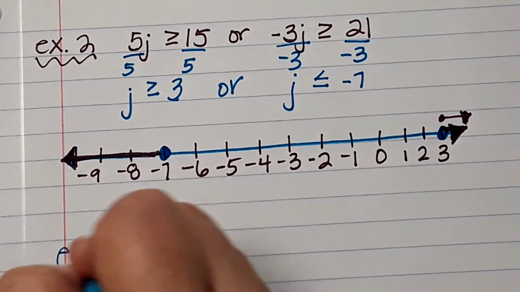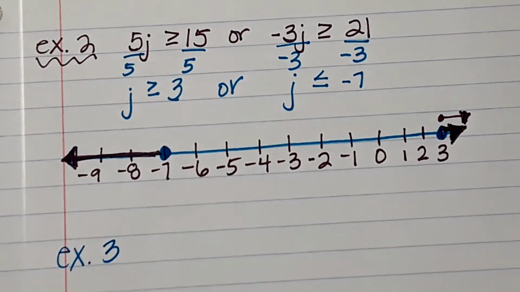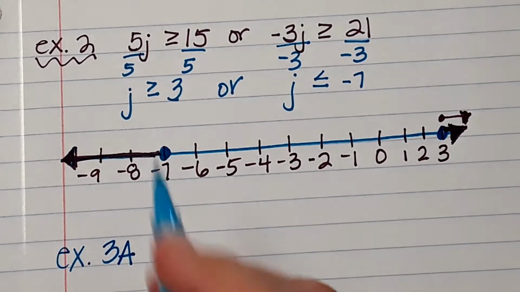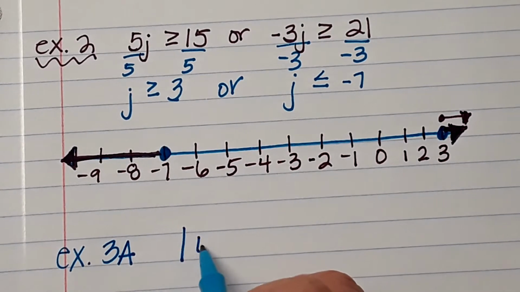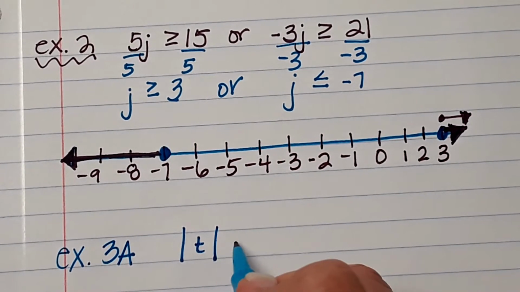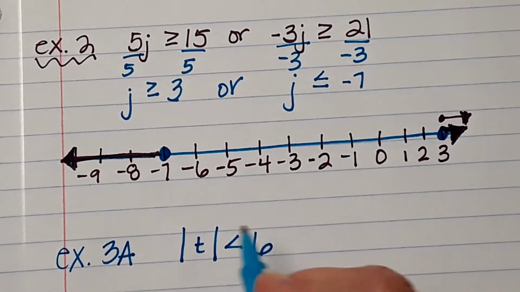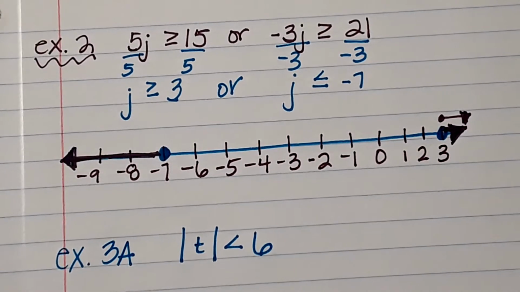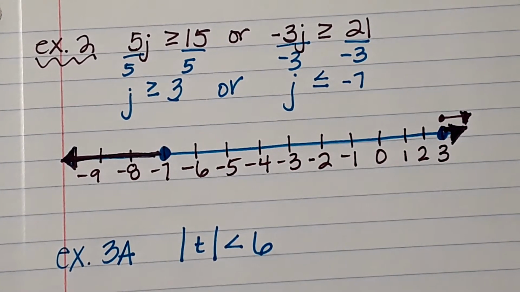Example 3. Is it example 3? Yeah, it's 3A. So this is example 3A, and we have just a really basic absolute value. It really doesn't matter if it was basic or if there was stuff in it. You would still do it the same way.